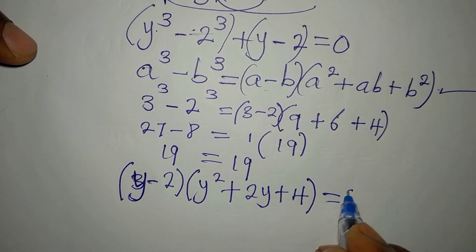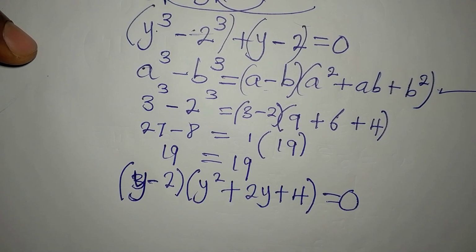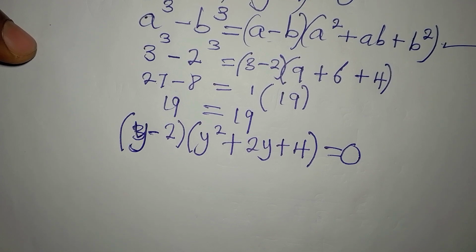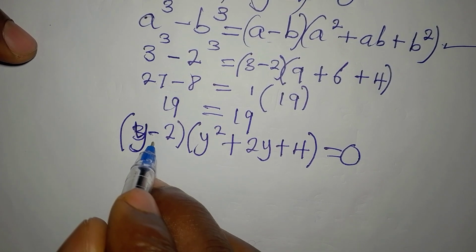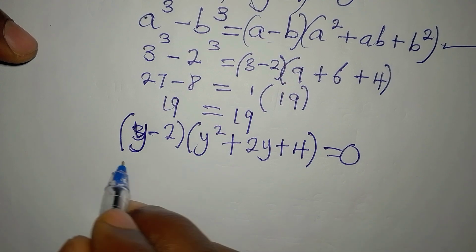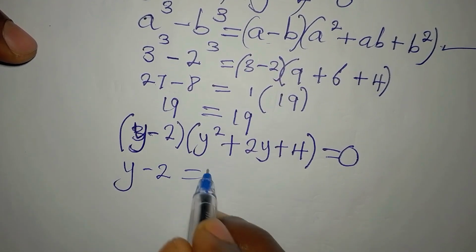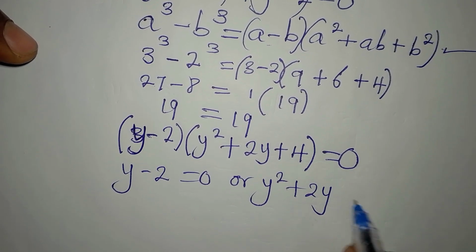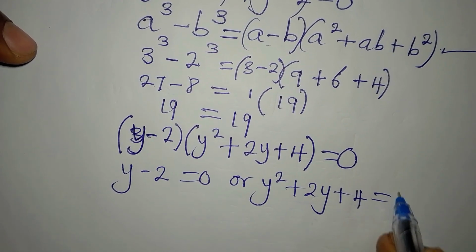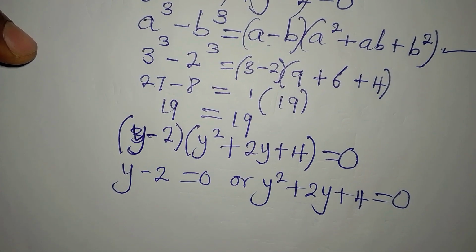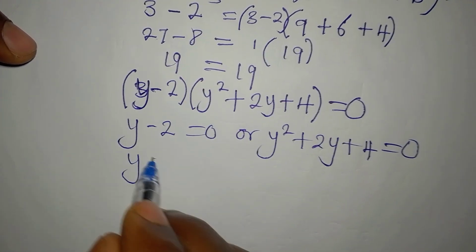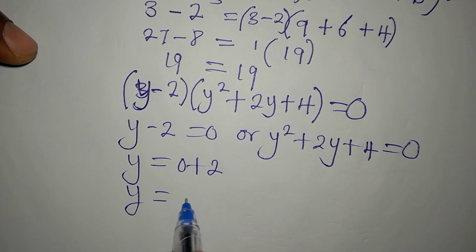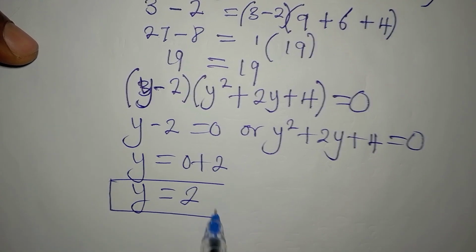Then we equate all of these to 0. Now from here, the next thing we're going to do is to equate either of these to 0. So y minus 2 is 0, or y squared plus 2y plus 4 is 0. So that y from here is going to be 0 plus 2, and then y is equal to 2. This is one of the solutions.